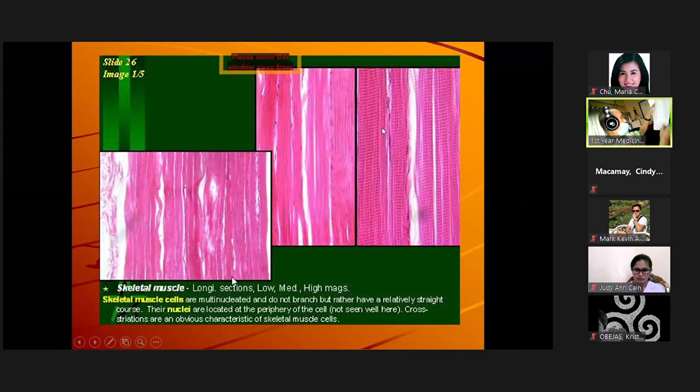Let us see. Nadera, Noel. Nadera, have you taken this in physiology? The structures of your skeletal muscles in the contraction? Nadera, please.